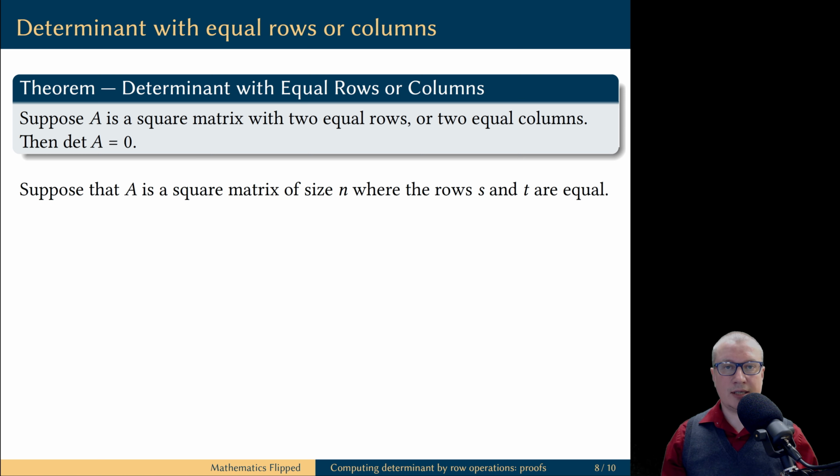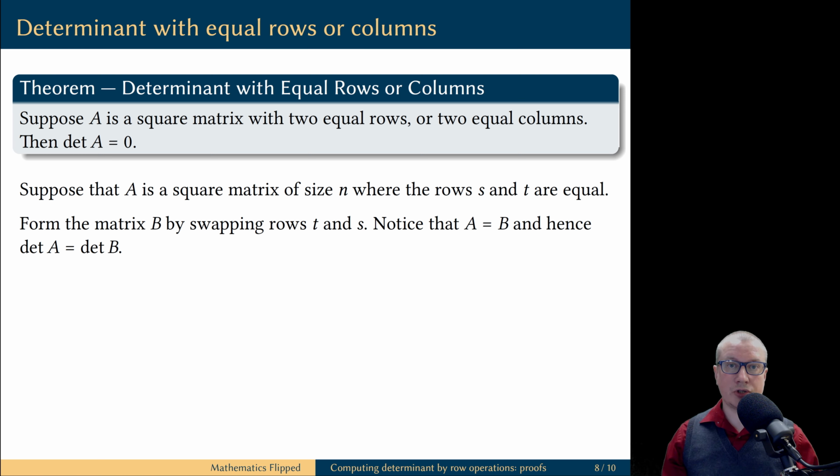Suppose A is a square matrix of size n, and let's say row S and row T are equal to each other. Then we are going to construct a new matrix B by swapping these two rows. These rows are the same, therefore matrix B is the same as the matrix A. In particular, they have the same determinant.